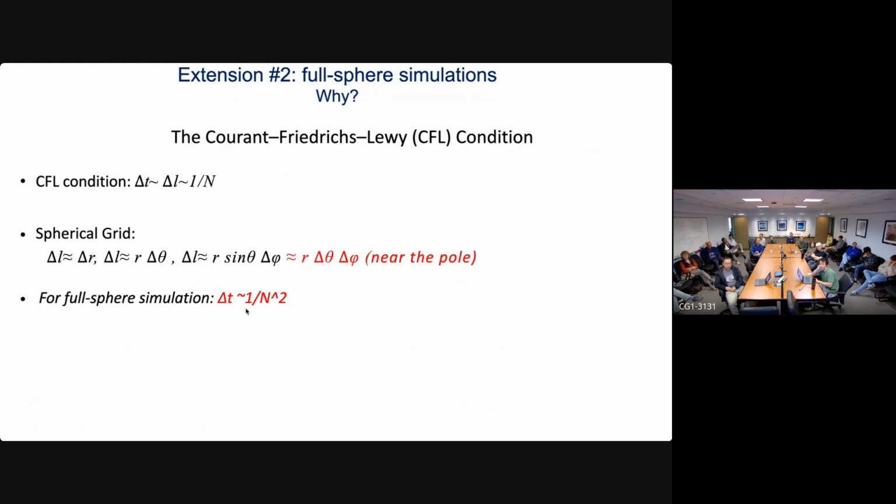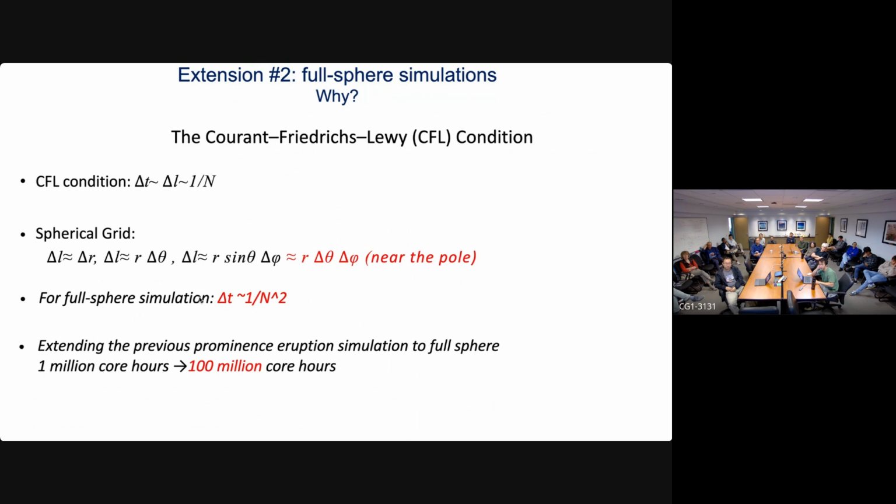So the time step is proportional to 1 over n squared instead of 1 over n for full sphere simulation. For the Thomas cavity eruption simulation, the regional one costs 1 million core hours. But if we simply extend the code to full sphere without any modification, it costs 100 million core hours, which we cannot afford.